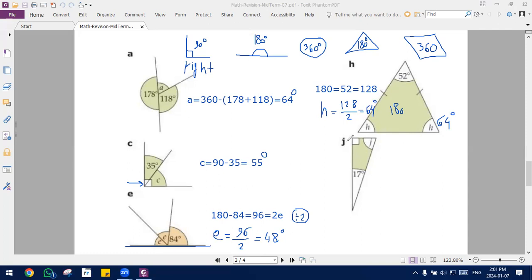Now last part, J. We have angle J, we need to find it. We have angle 17, and here we have this angle. So as we said before, this means 90 degrees.